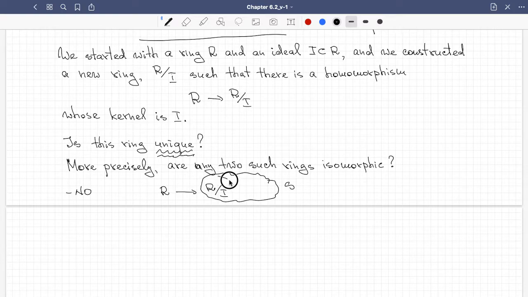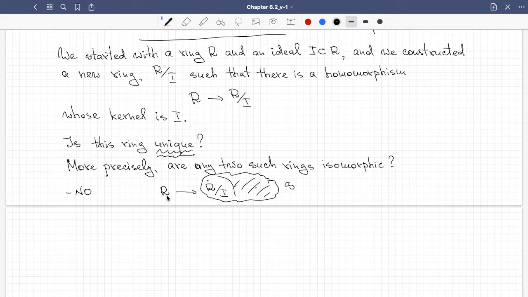So no elements of R map here. This is irrelevant. But still, it may happen that the ring we found, whatever it is, sits inside a bigger ring. The kernel is still the same. The elements which map to 0 here are the same here. These elements are kind of redundant.